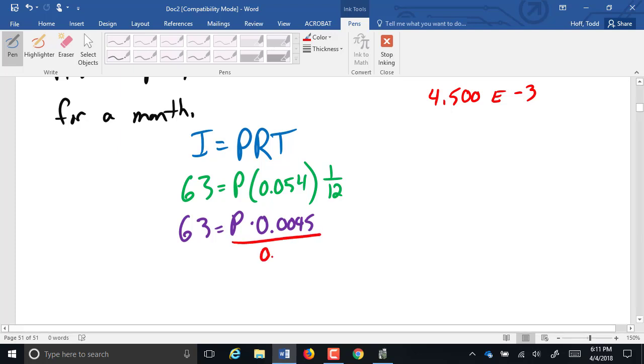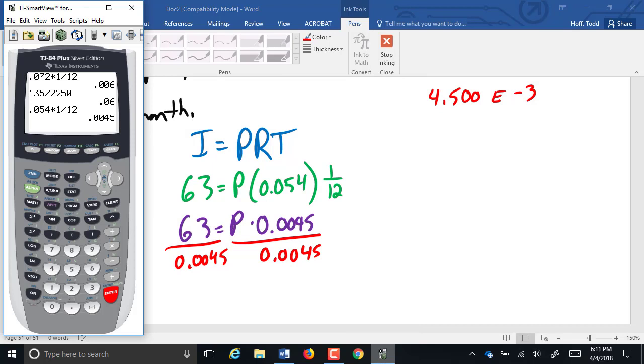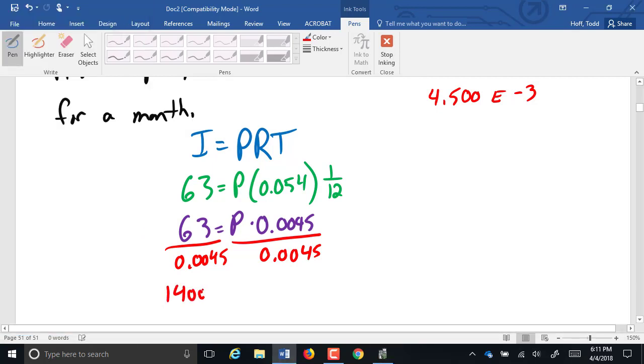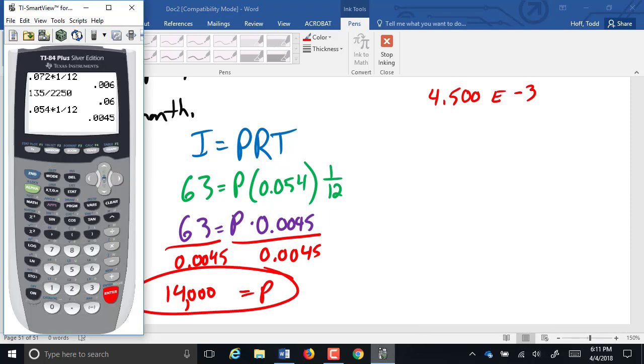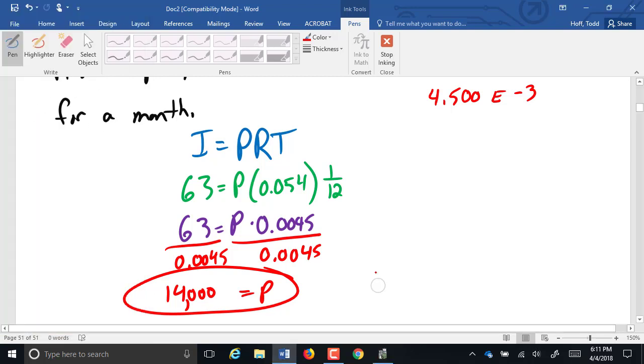Now we're going to divide this out, divide by 0.0045, I should say, which is going to give us, what, 14,000? Yep. If you keep it in your calculator and just hit divided by second answer, it's still the correct number, it's just in scientific notation.